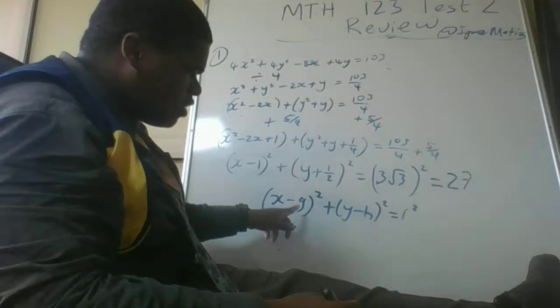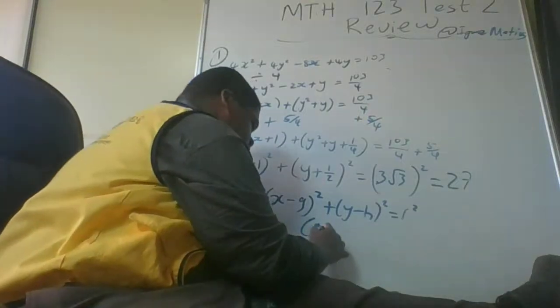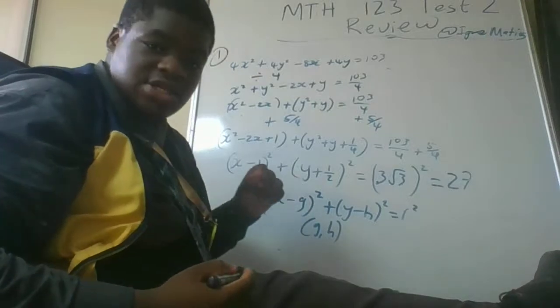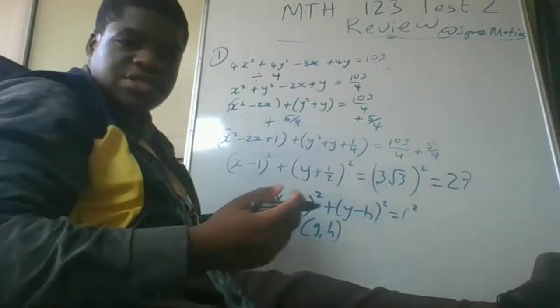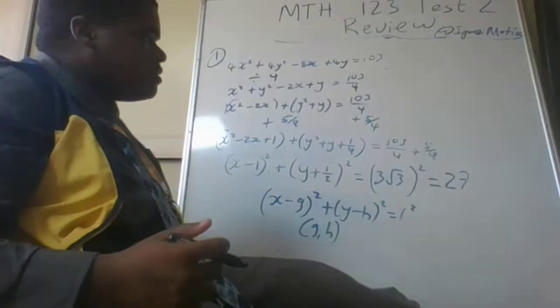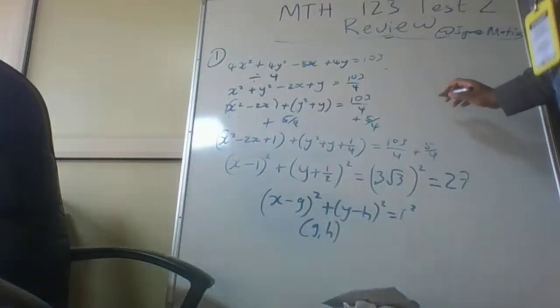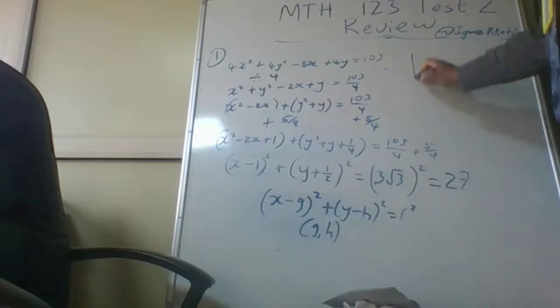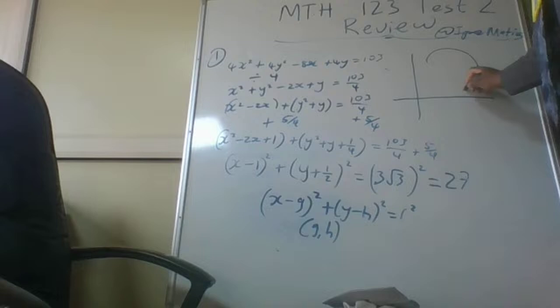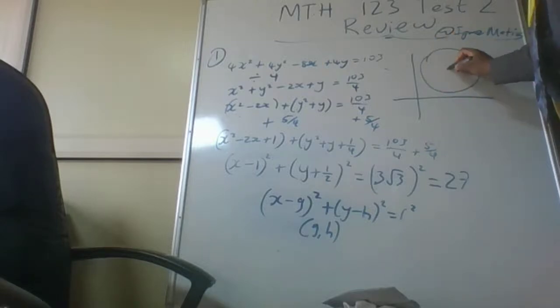Now the center of this circle is going to be g comma h. Now why is it g comma h? The reason is because of how the general form was gotten in the first place. Let me do that over here. If you have your Cartesian plane like this and you have a circle over here, this is your center.